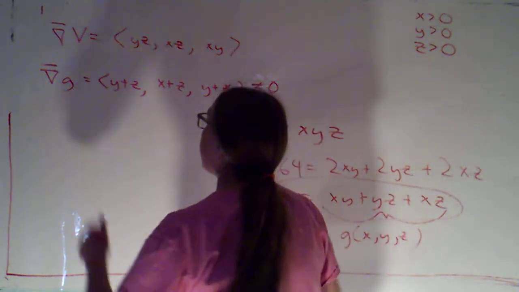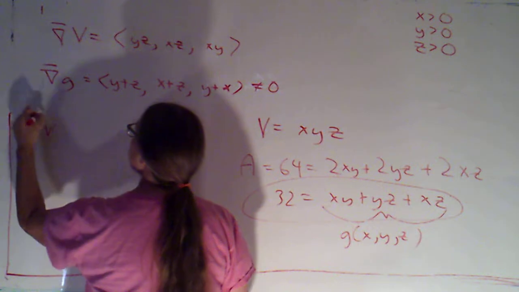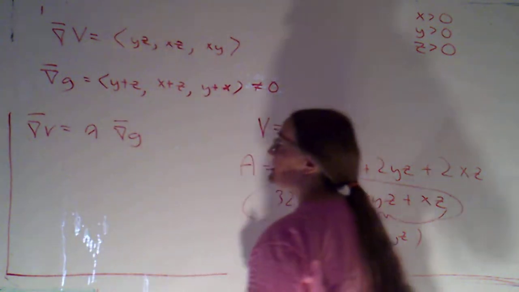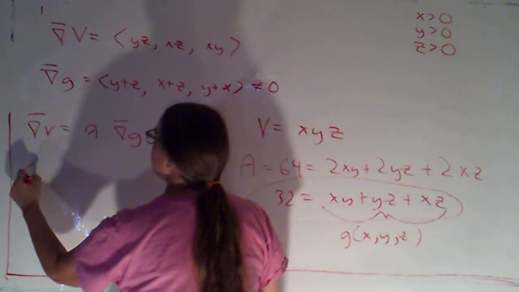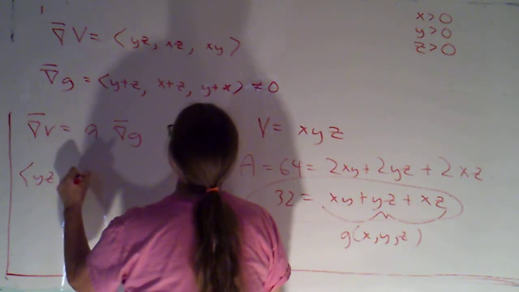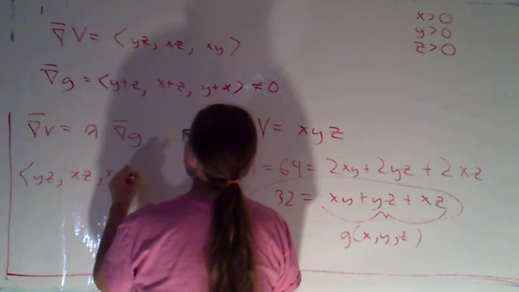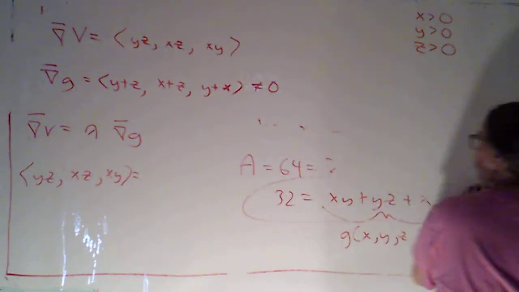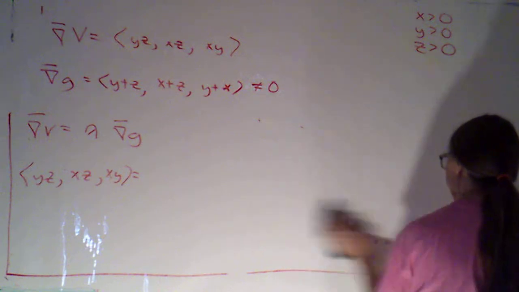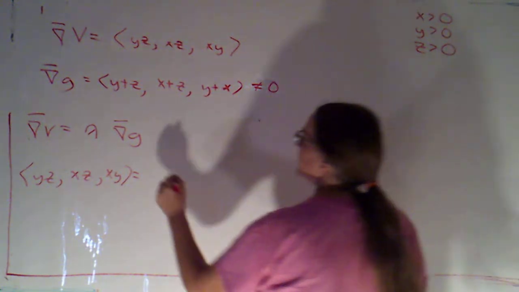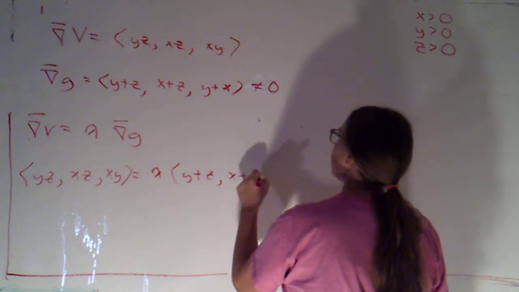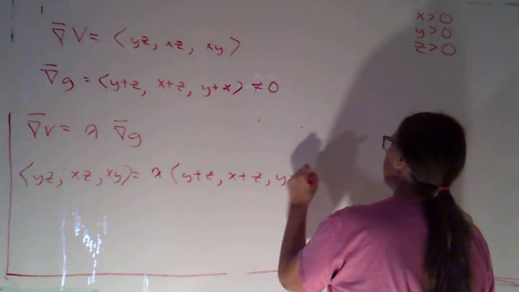I can now say I'm looking for places where the gradient of v is lambda times the gradient of g. So that would mean yz, xz, xy is equal to lambda times y plus z, x plus z, y plus x.